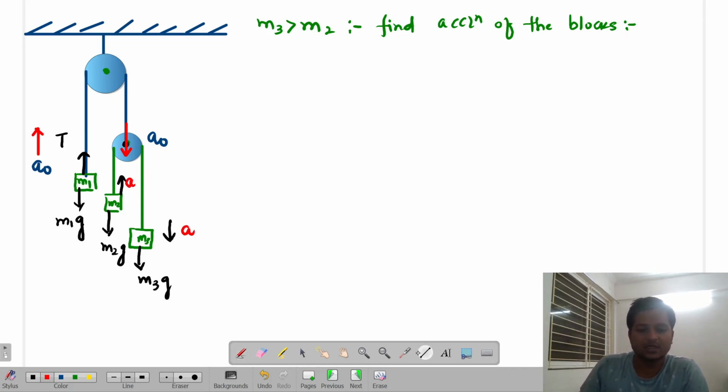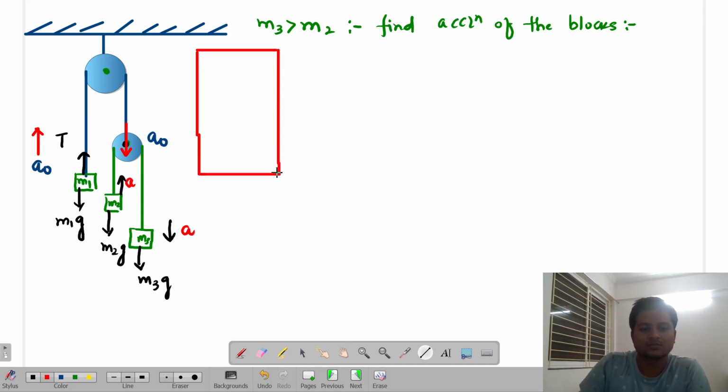Understood. So if I look at this second pulley scenario, this is just like a lift in which there is a pulley.